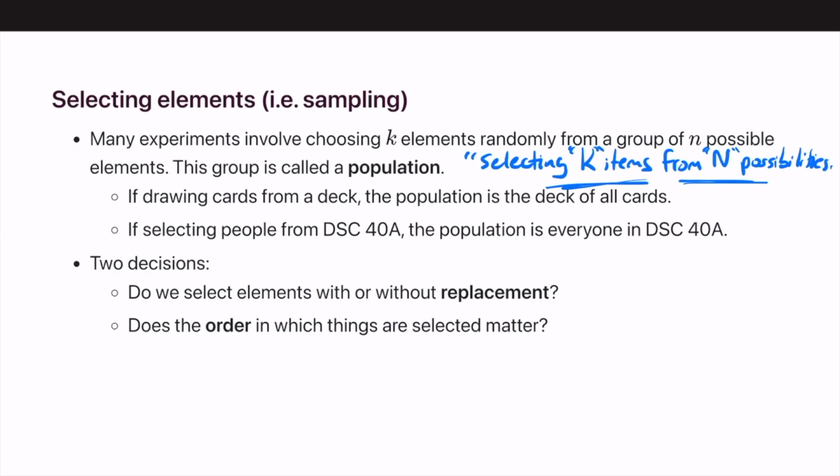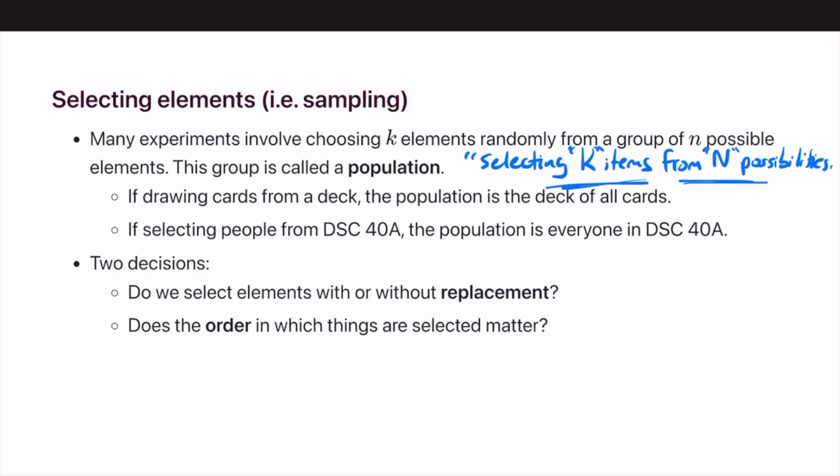When we have probabilistic experiments, we choose these k items or elements from a group, and that group is called a population. So this is where we dovetail back into thinking about how probability leads us to doing proper statistical analysis. For example, if we have a deck of cards, the deck is the population and the cards that we draw from it are our sample.